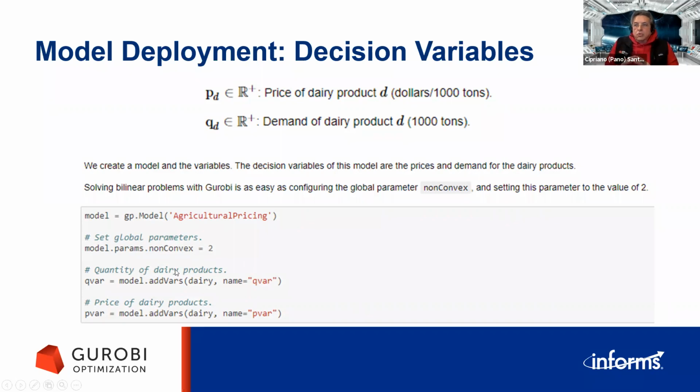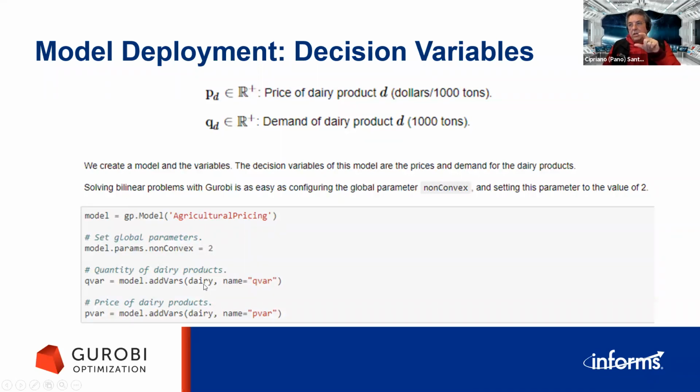And then to define your variables, there is a method of the model object that is called addVars. And this method returns a tupledict. And the keys for the tupledict are derived from the indices of the arguments. So in this particular case, the indices are going to be the dairy products that we have, that list that we created.